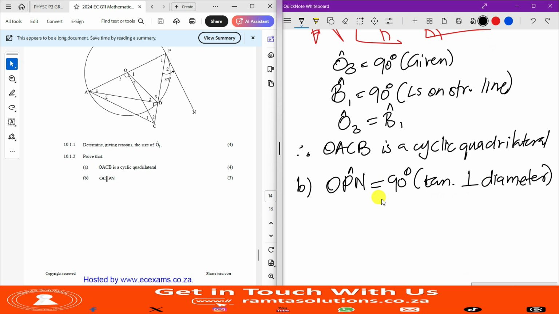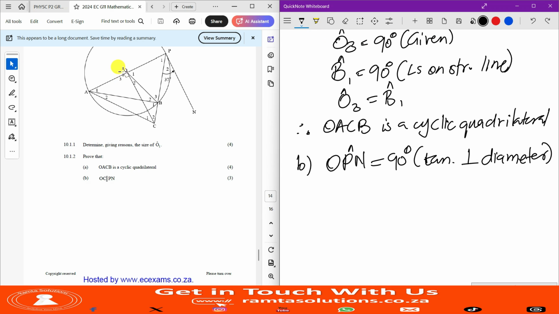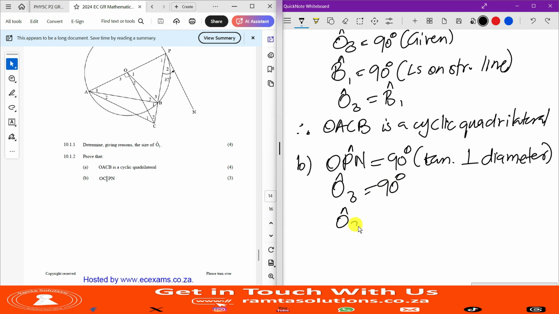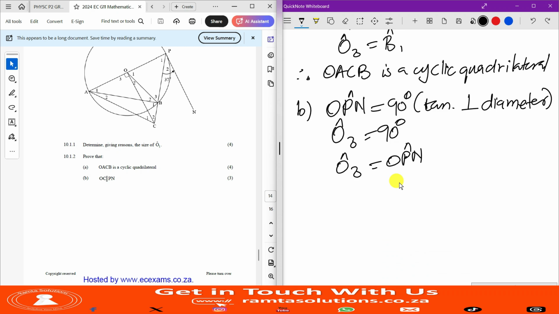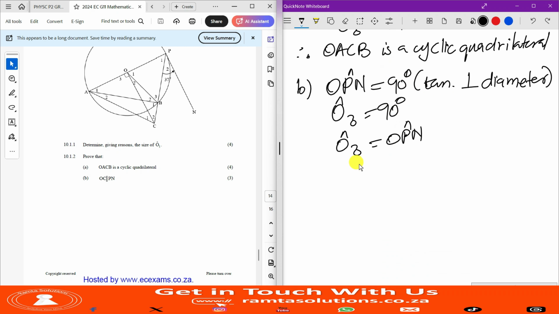Good. Now, remember, we are proving that OC is parallel to PN. You know that angle O3 is equal to 90 degrees. So this therefore means angle O3 is equal to angle OPN. As you can see, they are equal.